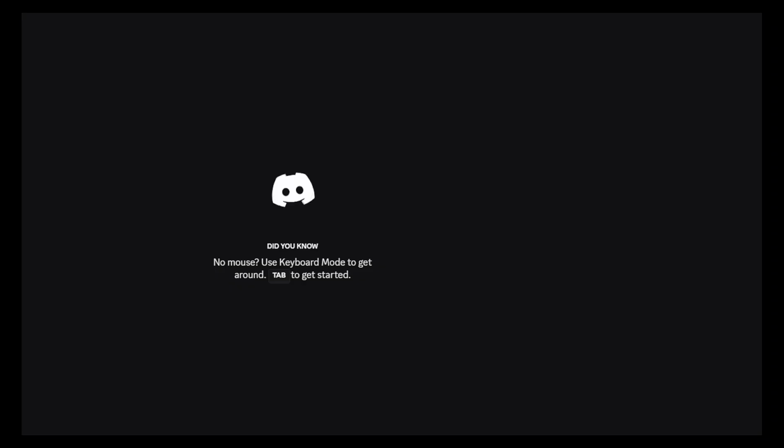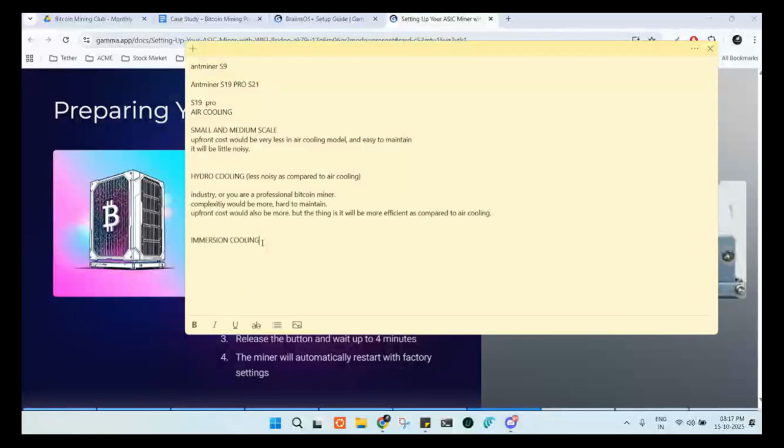immersion cooling should be used to cool the ASIC. Okay. So in a miner, the PSU will not get hot much, the controller will not get hot much.